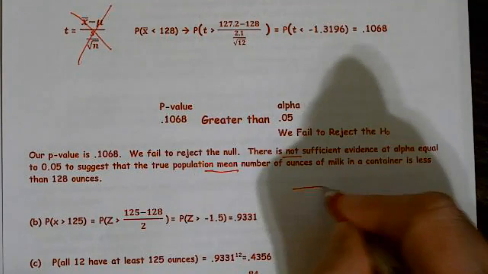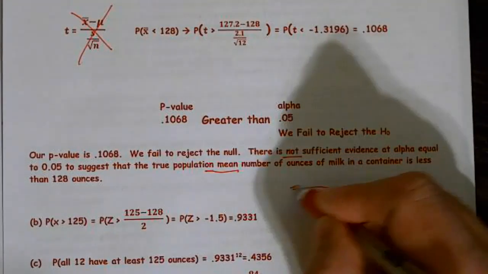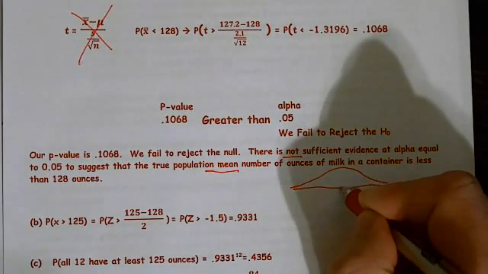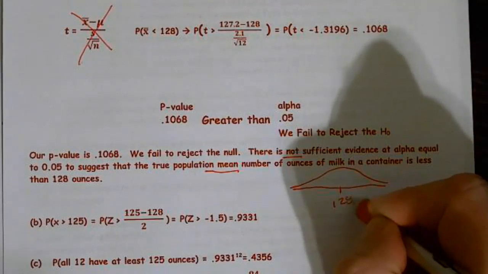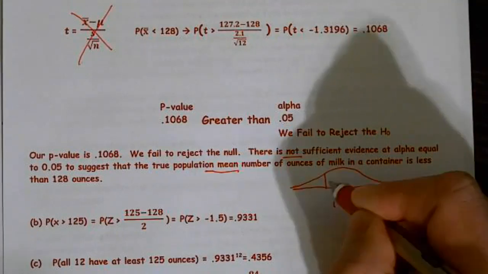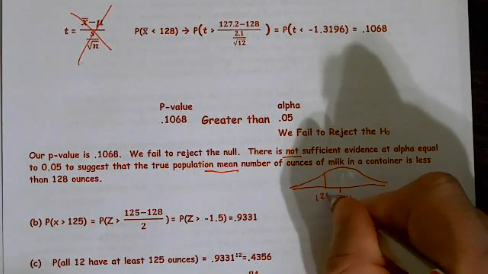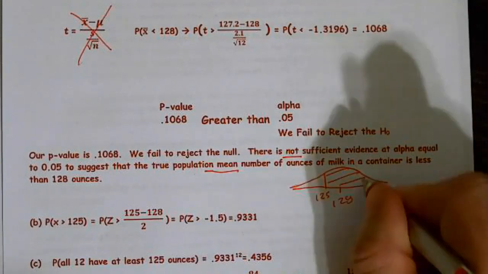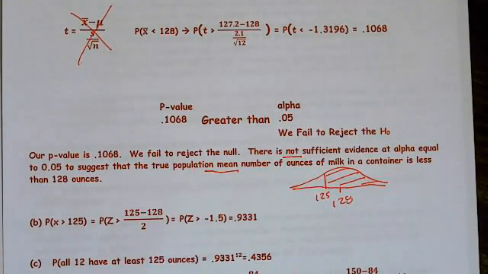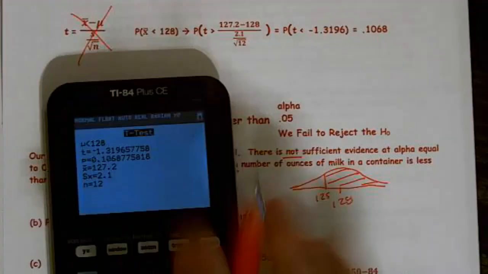Because essentially what we have here is this graph. We have a true mean of 128, but we want to know the probability that we get a single value X greater than 125. So we're actually looking for something that's going to be over 50%.